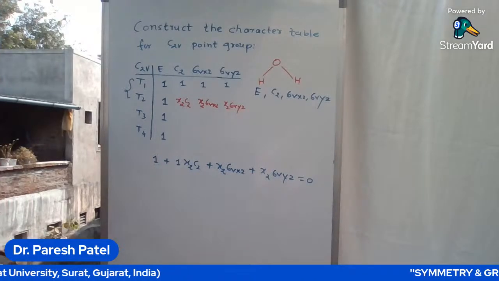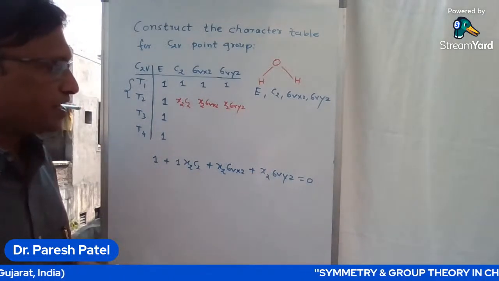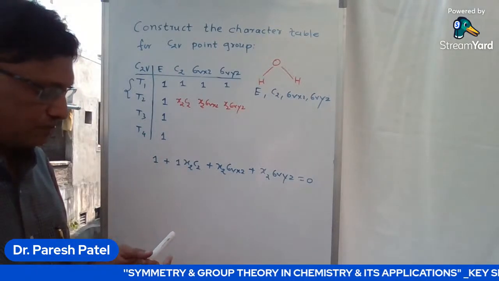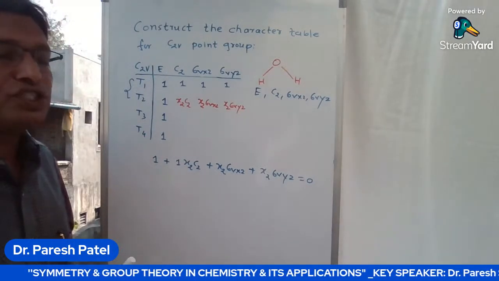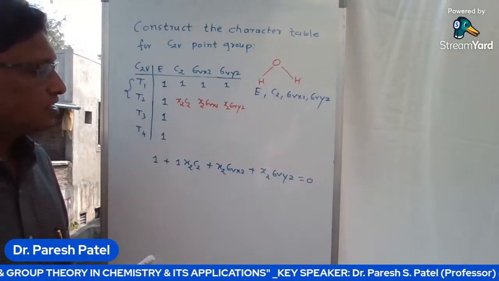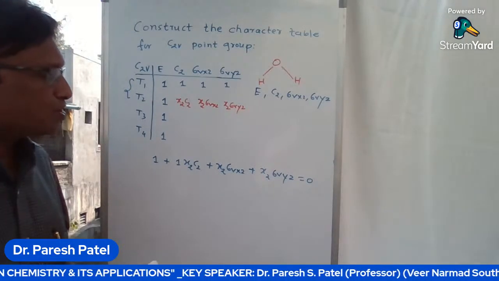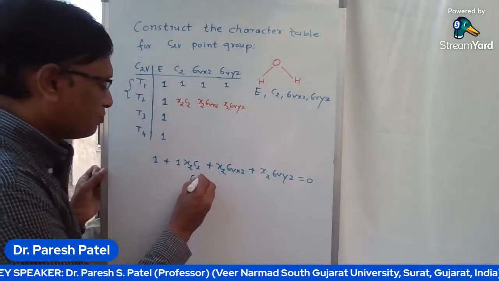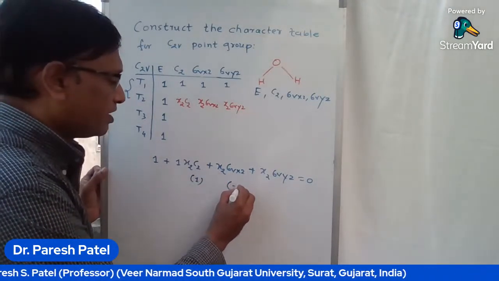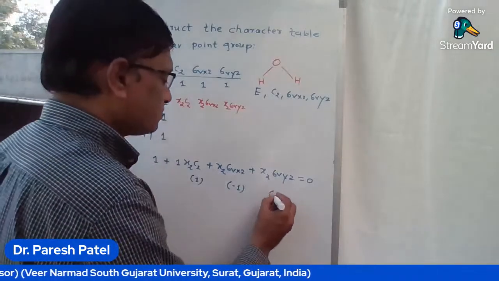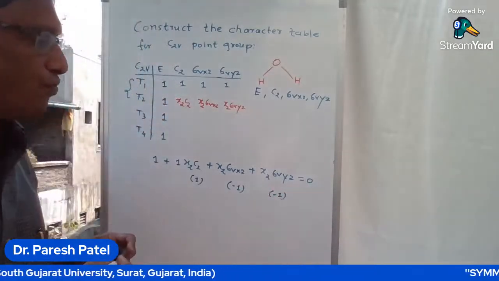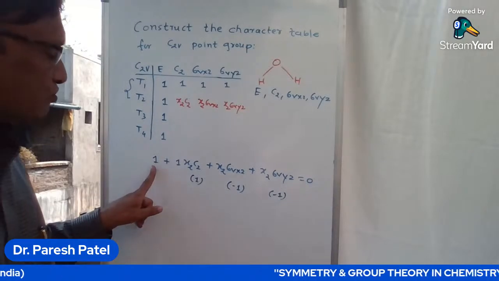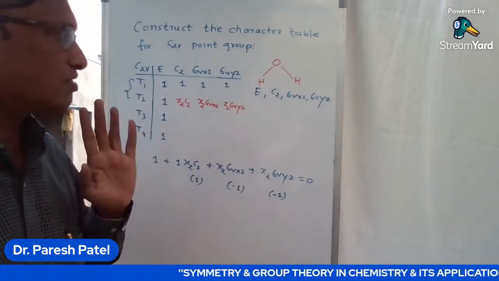Now this equation can be satisfied if the character for one representation is 1 and the character for the other is equal to minus 1. So if we take the values for character C2 is equal to 1, character sigma V xz is equal to minus 1, and character for sigma V yz is equal to minus 1, then this equation can be satisfied: 1 plus 1 minus 1 minus 1 is equal to 0.